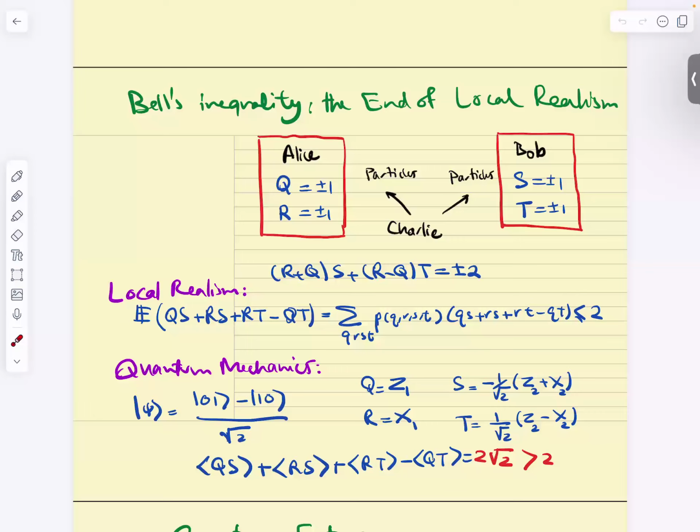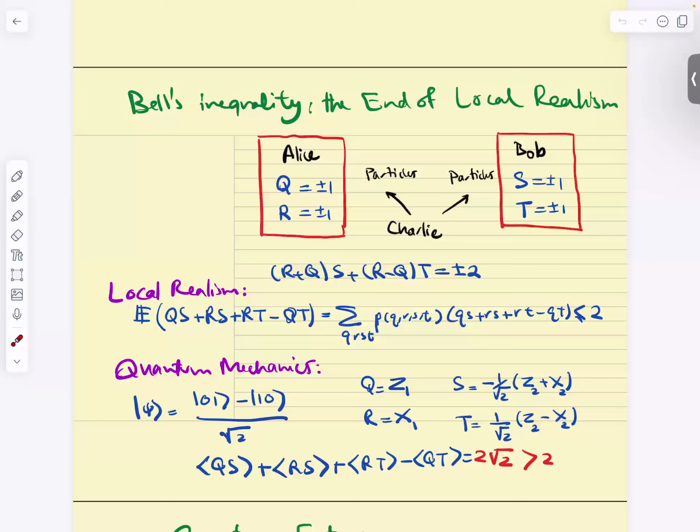Then we said, let's do the calculation in quantum mechanics, replacing expectation values of coin flips with actual expectation values in states. Here was one particular suggestion: take the state to be this particular Bell state.